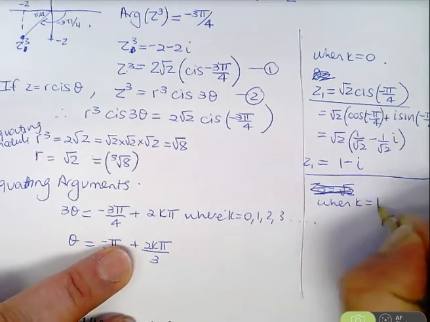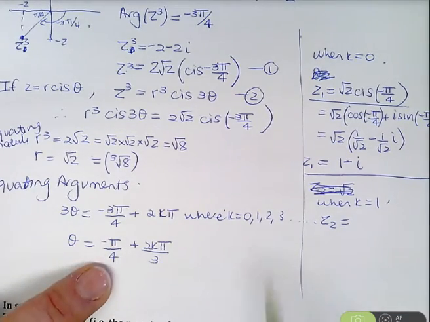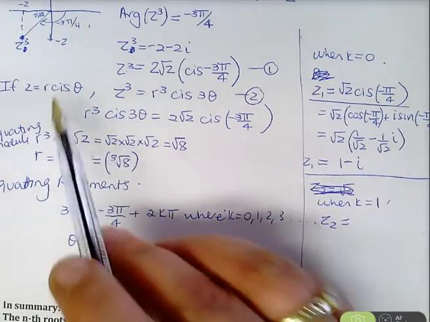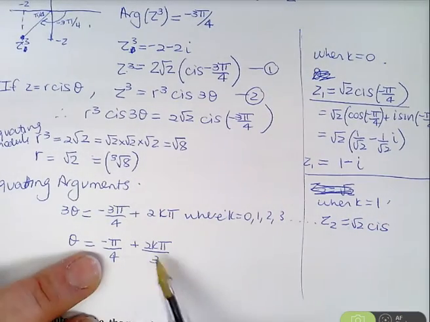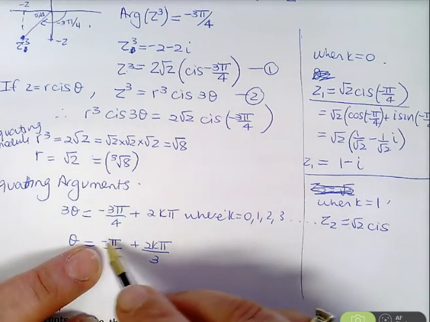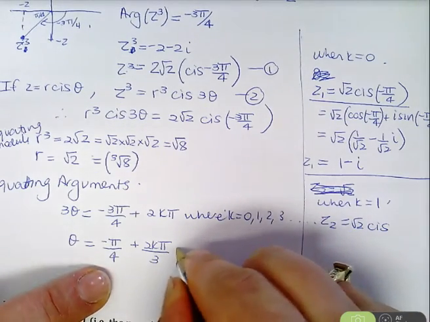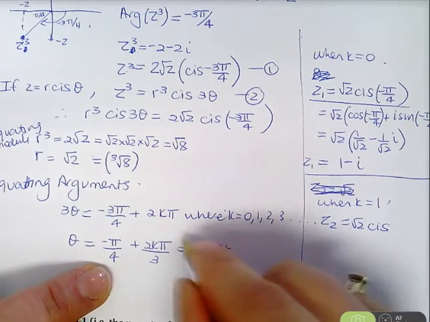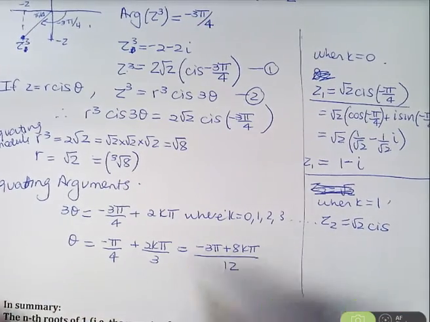So Z2, when k is 1, the second root, remember it's r cis theta, so it would be root 2 cis. I can write this with a common denominator of 12: theta is minus 3 pi plus 8k pi on 12.